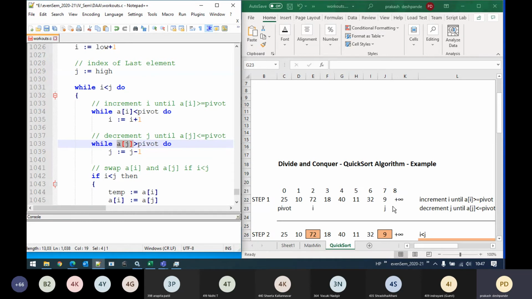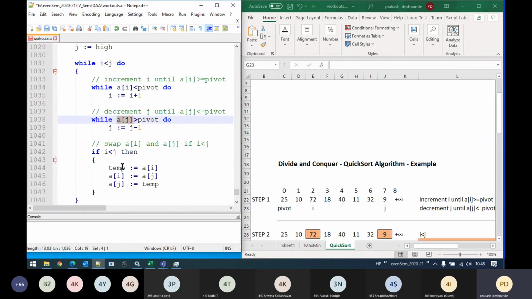So j will remain at its own position itself. Right? So we did the increment and decrement for i and j. In this case, we could only increment i. J was kept as it is because it did not satisfy the condition. Right? Now, the next part is this particular block. Is i less than j now?